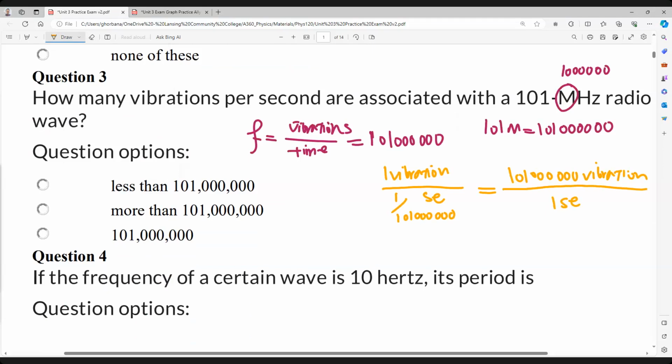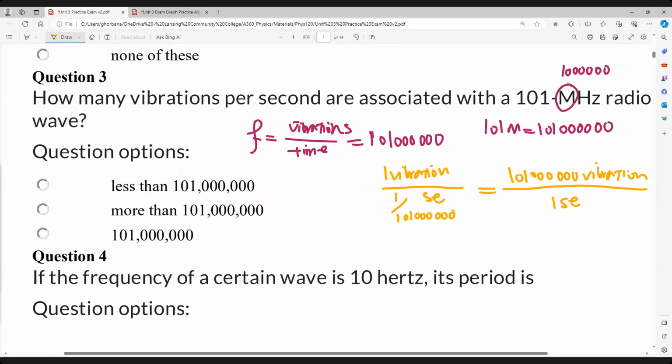That's exactly the same definition. 101 megahertz means 1 vibration over 101. Okay, so what is the right answer here then? 101 million. Okay, 101 million.